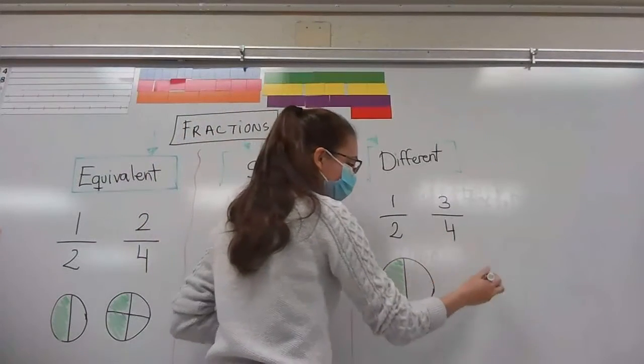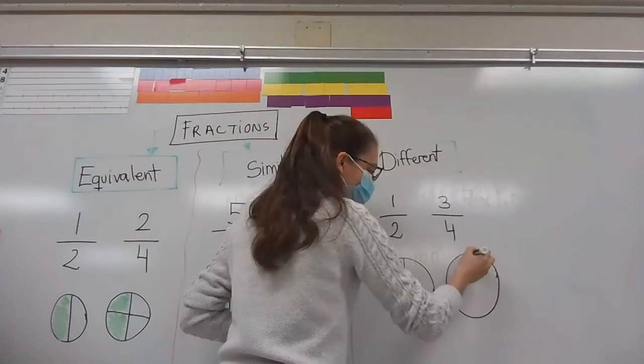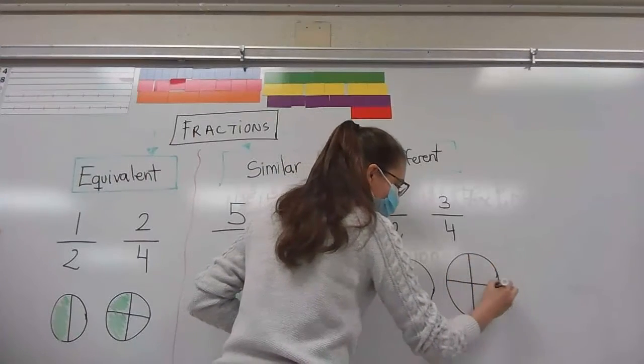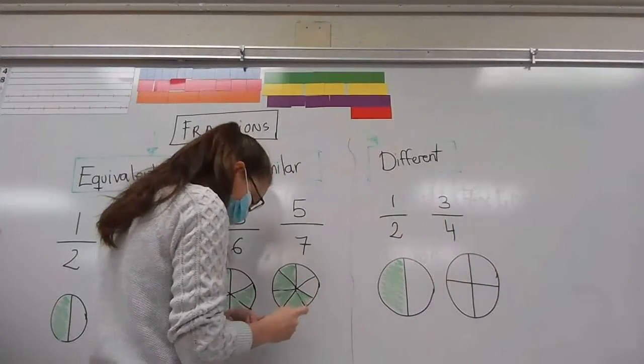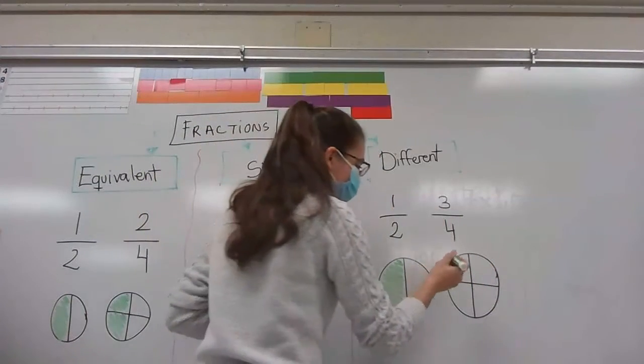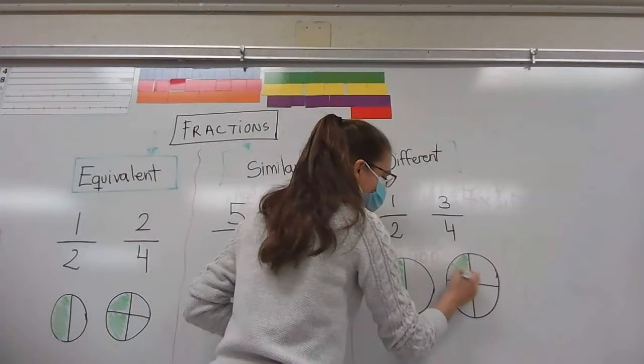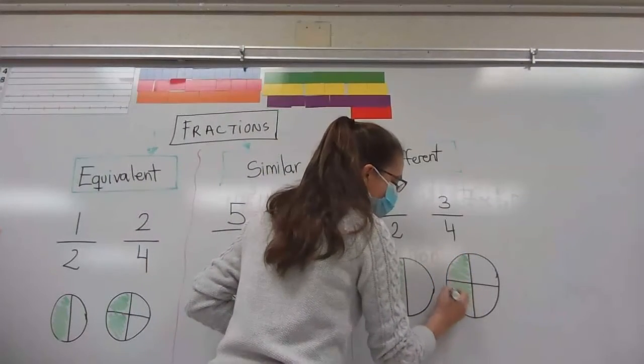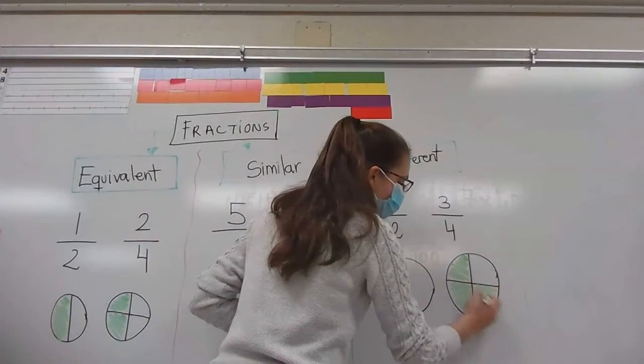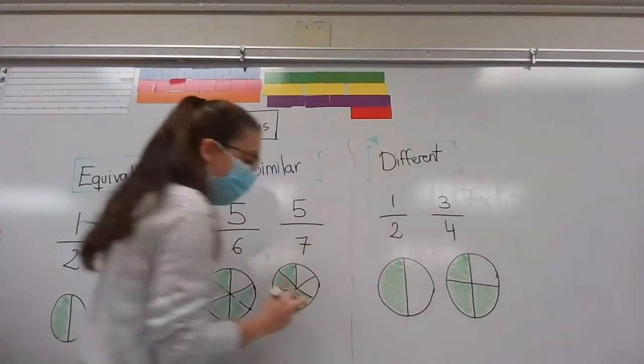And in this fraction, I have 4 parts and I'm going to shade 3 parts. 1, 2, and 3. So I see they are different.